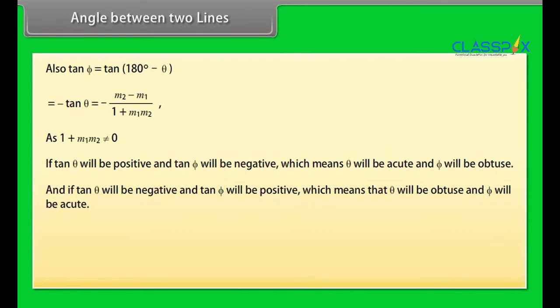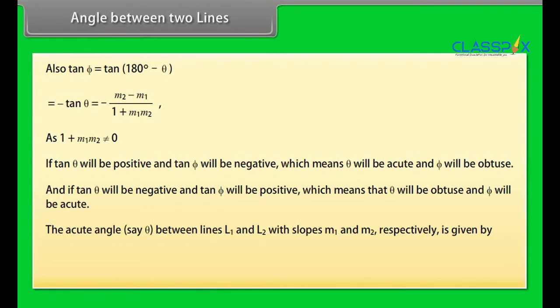And if tan theta is negative and tan phi is positive, it means that theta is obtuse and phi is acute. The acute angle, say theta, between lines L1 and L2 with slopes m1 and m2 respectively is given by tan theta is equal to modulus of (m2 minus m1) divided by (1 plus m1 m2), as 1 plus m1 m2 is not equal to 0.